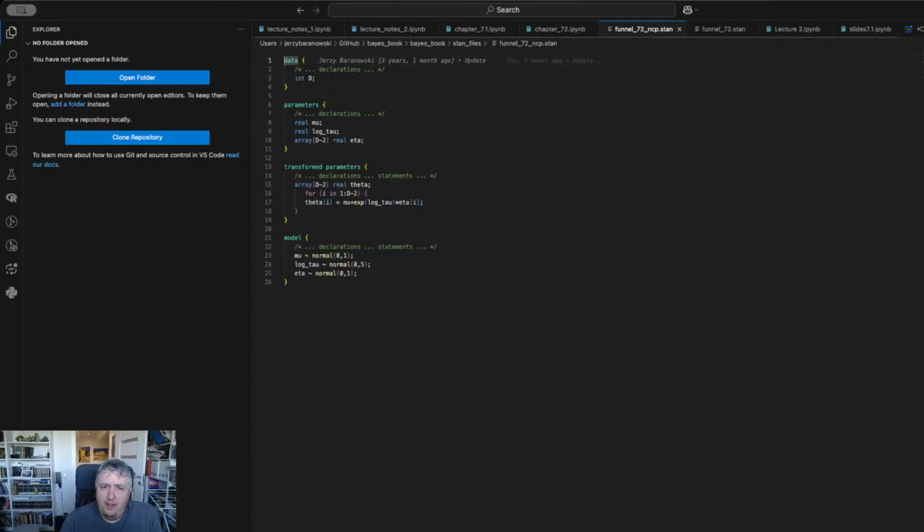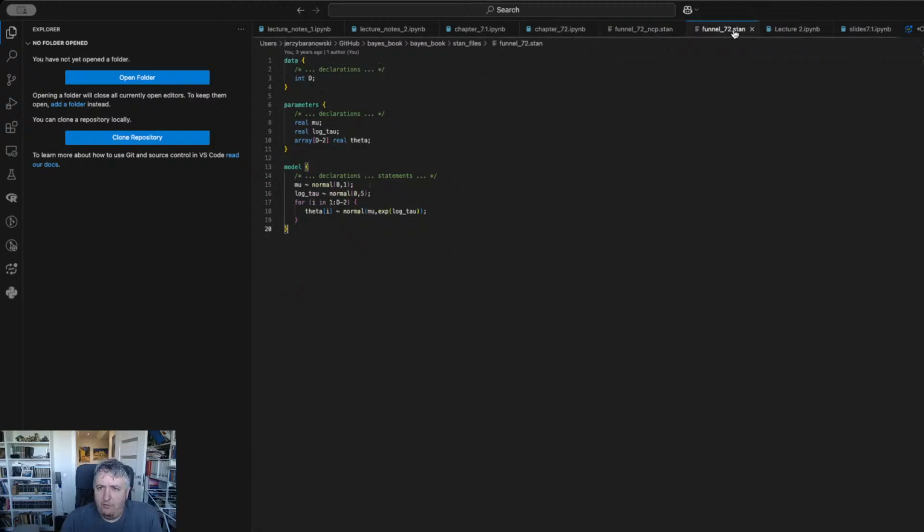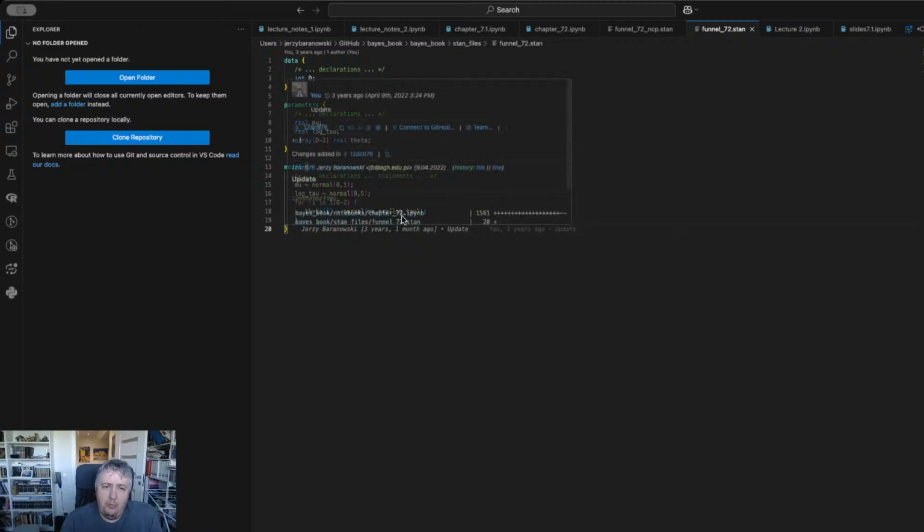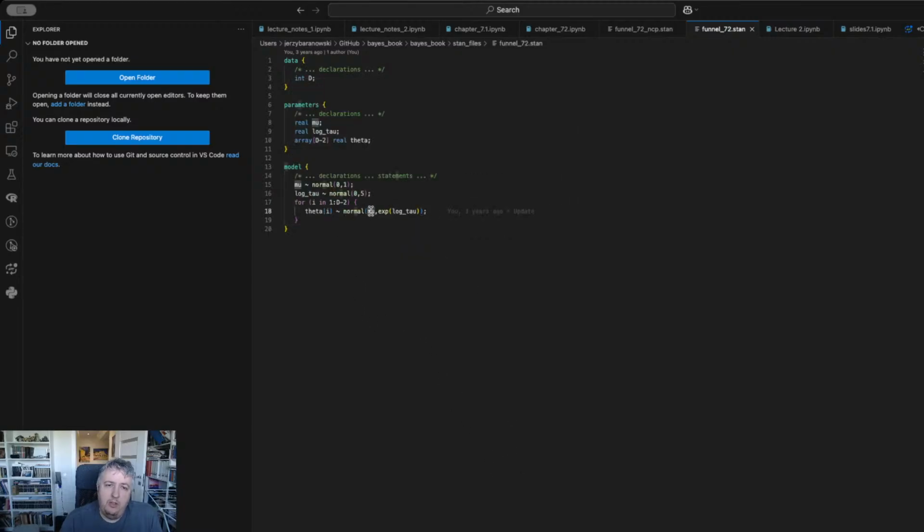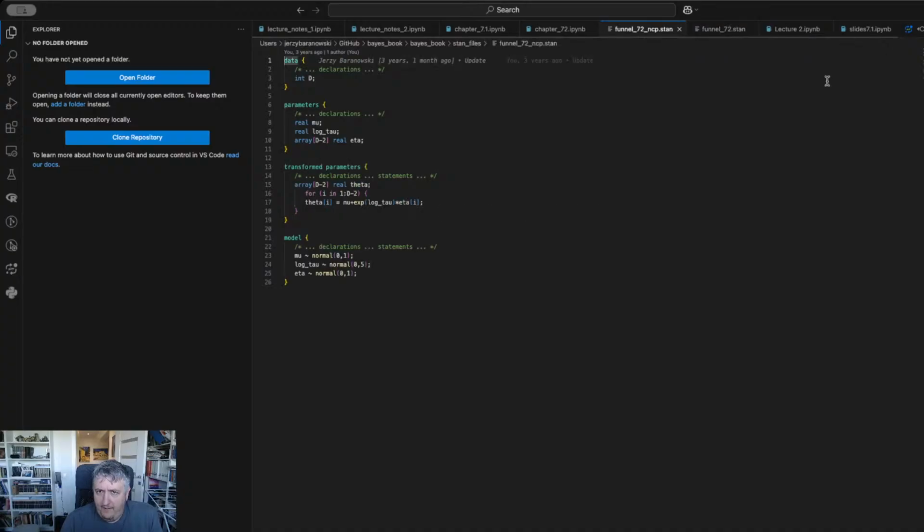However, if we take a non-centered parameterization, we can actually do something a bit different. That is, instead of modeling this theta as a normal distribution with a mean mu and standard deviation of exponent of logarithm of tau, we can get again those two parameters, mu and log tau, and we can create a new auxiliary variable eta, which is a unit normal distribution.